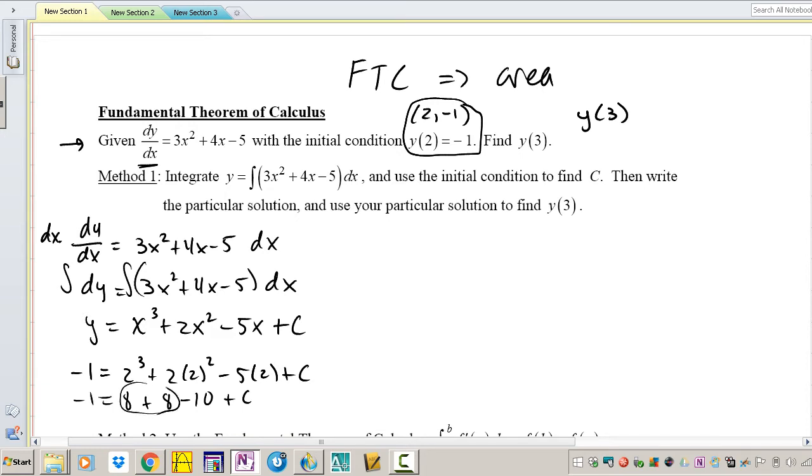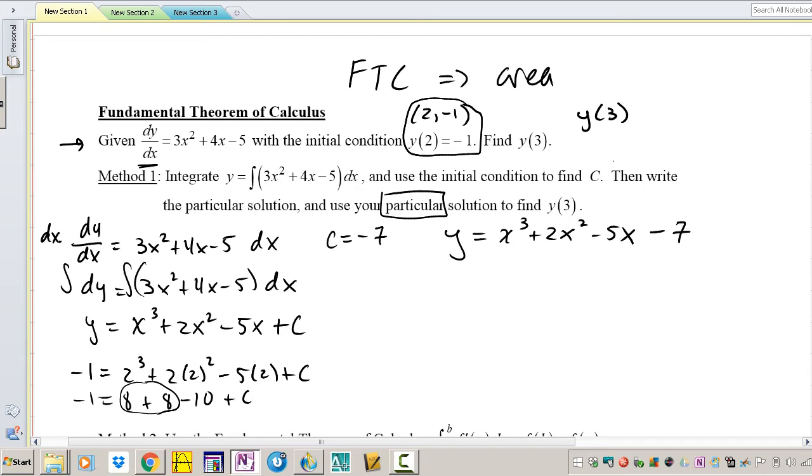That's 16, take away 10 is 6. And when you subtract 6 from both sides, you get c is equal to negative 7. So my particular solution is y is equal to x cubed plus 2x squared minus 5x minus 7.